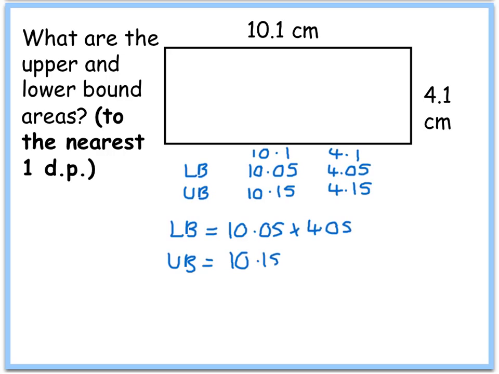So 10.15 multiplied by 4.15. You can work those two out on your calculator. This one gives us 40.7025, and the upper bound is 42.1225.